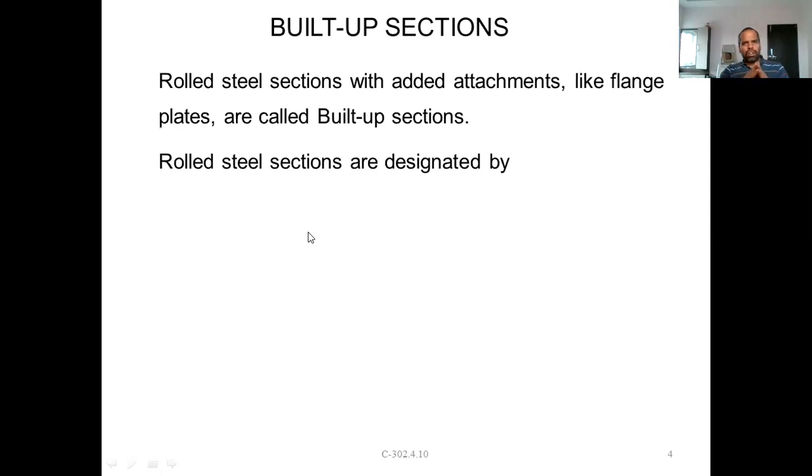So if you are designing an I section, for example ISMB 300, whoever manufactures it, the properties shall be the same.